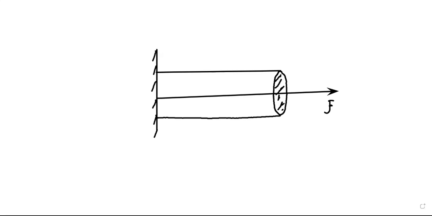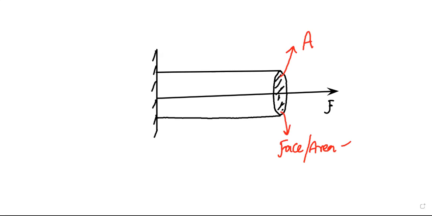In order to calculate stress on the area, first of all, calculate the magnitude of this area. Say the magnitude of the area is A. This is step number one. So we have to calculate how much is the stress acting on this face or area.